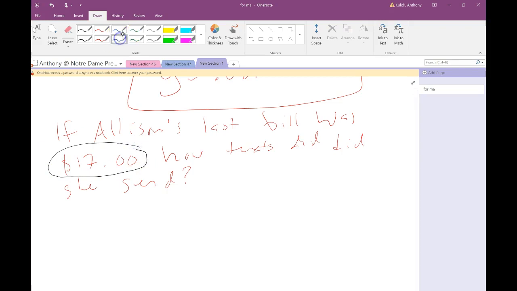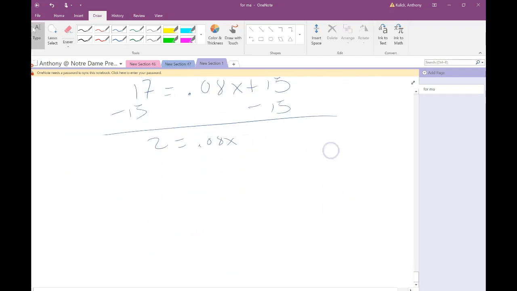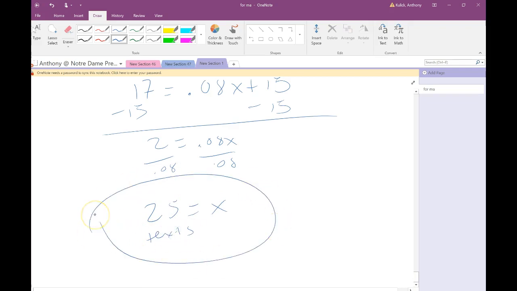That's a y value. So I can just say 17 is equal to 0.08x plus 15. And I can solve for x. So I found that Allison sent 25 texts.